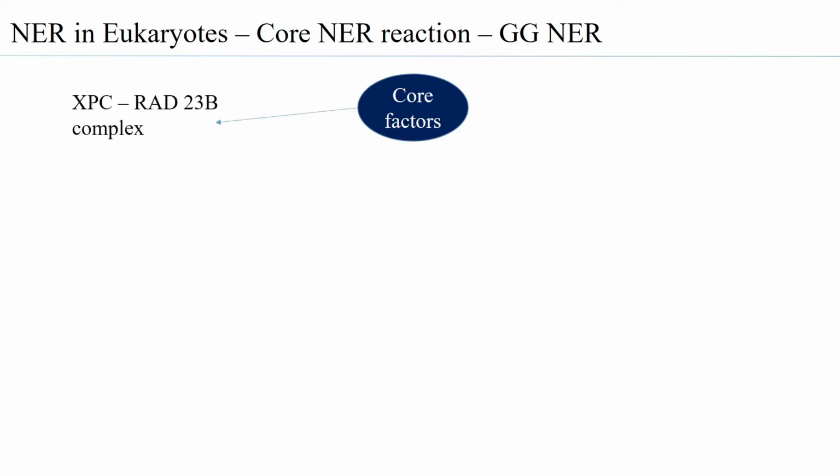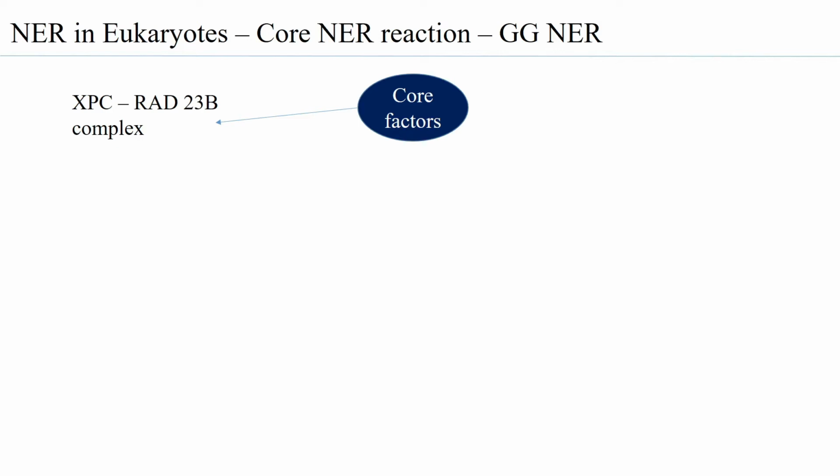You have, of course, the XPC RAD23B complex, just as mentioned earlier. This is the complex in the global genome NER that is responsible for recognition of the damage. What has been understood is that XPC as a molecule has a very high affinity to bind to the DNA, and that allows the interaction of the NER with the DNA.